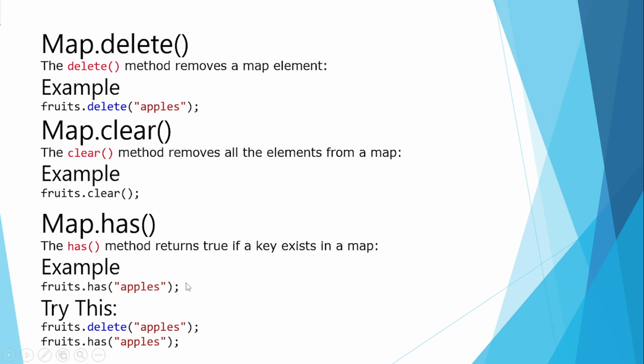If it is not present in that map, it will return false. We can see some examples here: for removing an element in a map we can use the delete method, and for checking whether it is present or not we can use the has method.